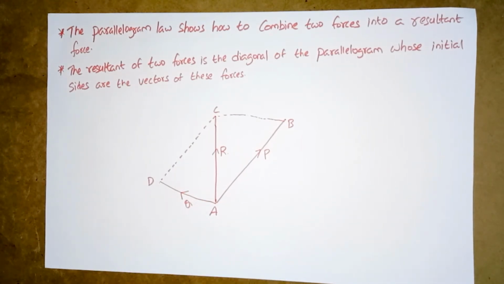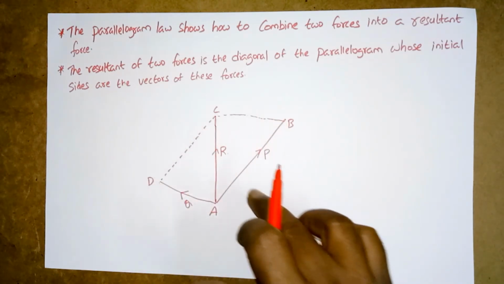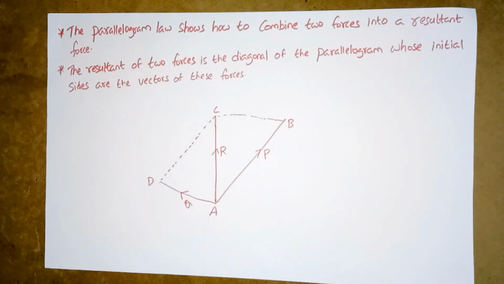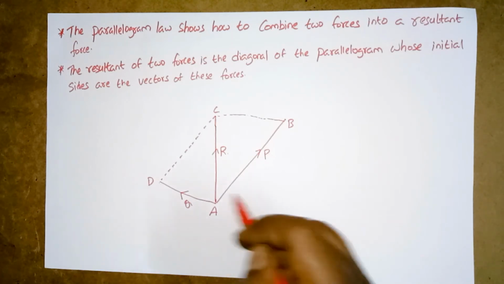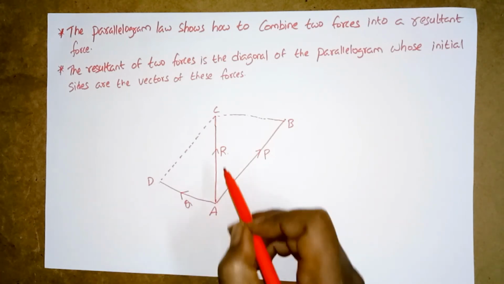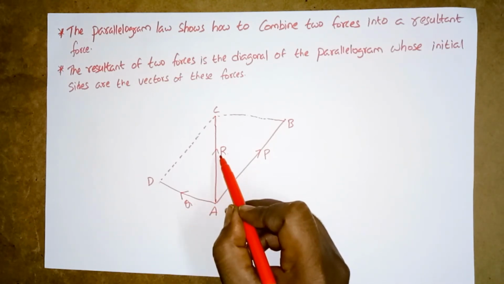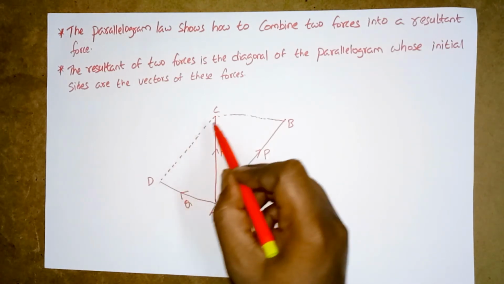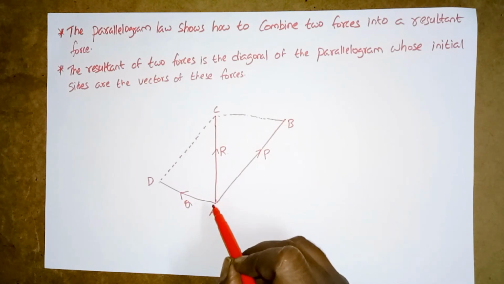So now the parallelogram is ready. So this is the parallelogram which we have seen in our demonstration, right? How we have generated this parallelogram, okay. So with this resultant R, we have completed constructing the parallelogram.